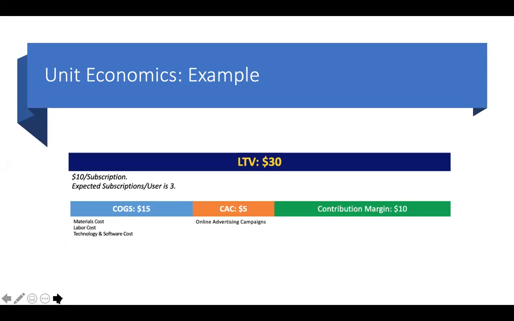For existing businesses, they can figure out the lifetime value by looking into their historical data. So they can know how long a user will stay on their platform, and they can figure out the lifetime value using their own data.